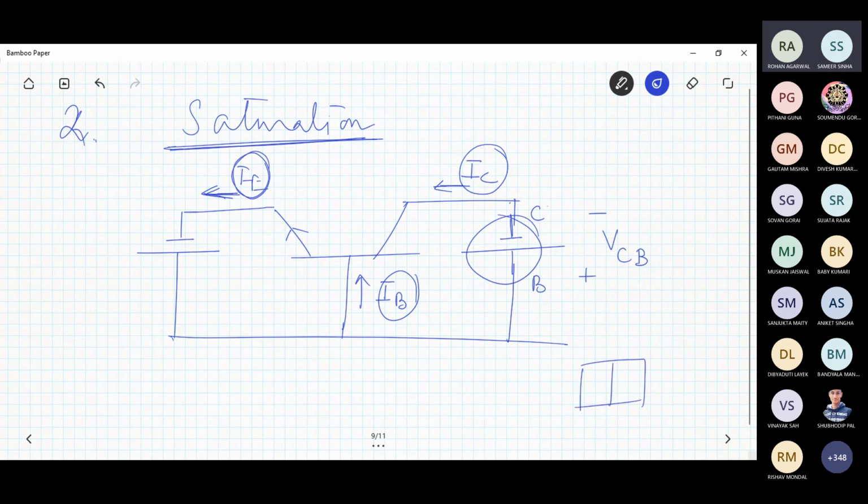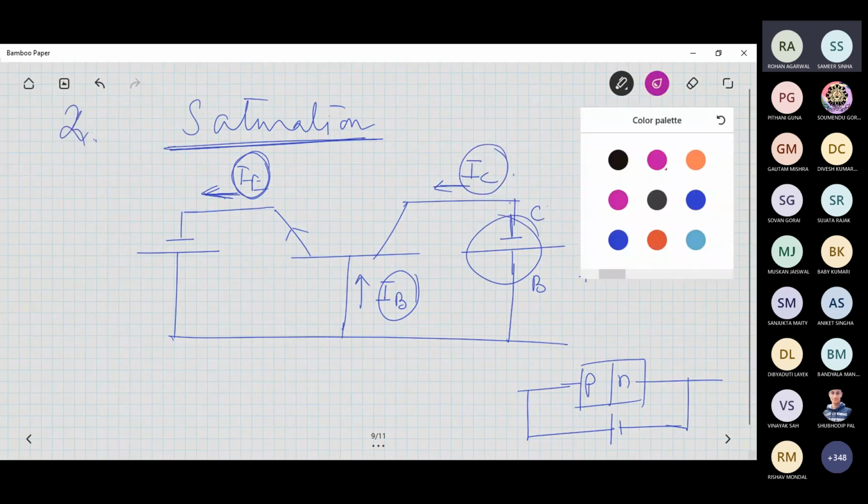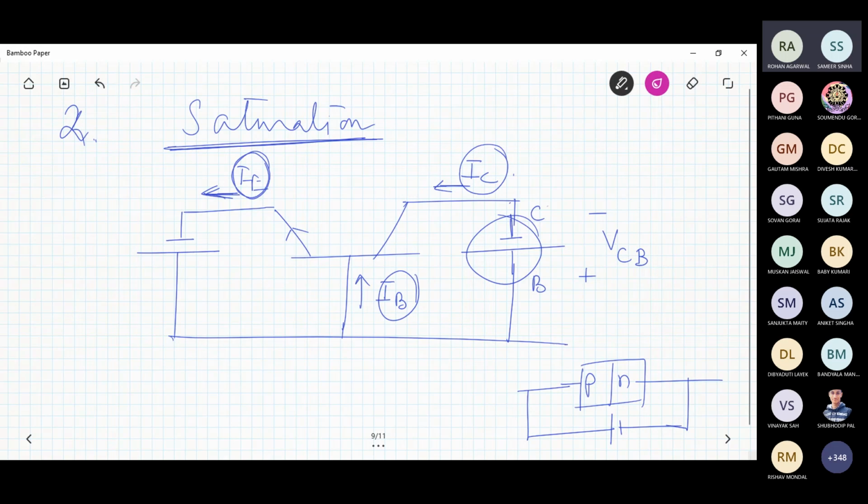Forward biased means you apply a positive voltage to P type and a negative voltage to N type. Look at this, it's an NPN transistor. This is N, base is P. N is negative, P is positive. So this side is forward biased.